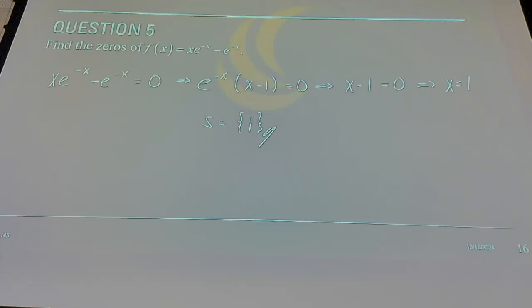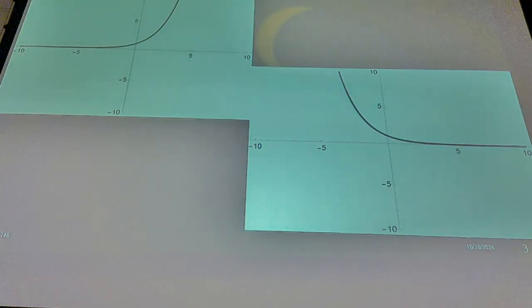Any questions on the exponential function? All exponential functions have that same general shape, right?